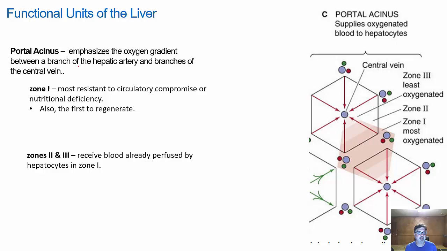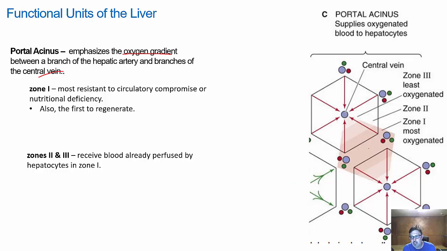Now, a third way to look at the functional units is what we call the portal acinus. And this is emphasizing the oxygen gradient between the branch of the hepatic artery and the central vein. So you have to think, as blood flow is going through these hepatocytes, the oxygen gradient is going to decrease more and more.